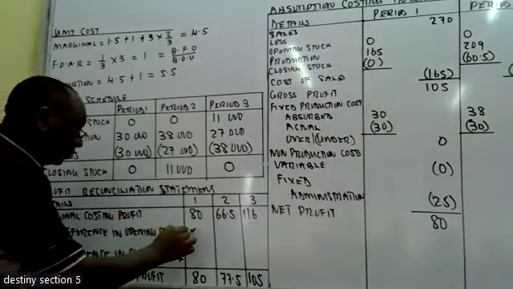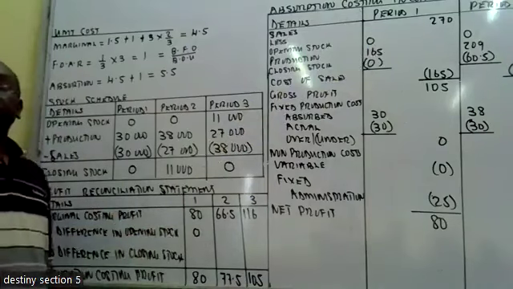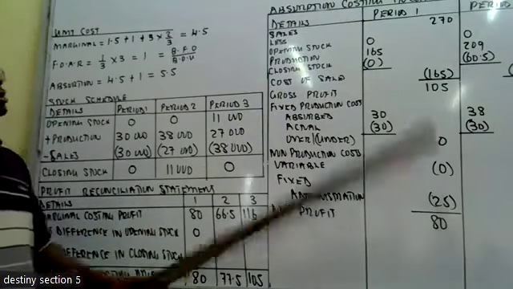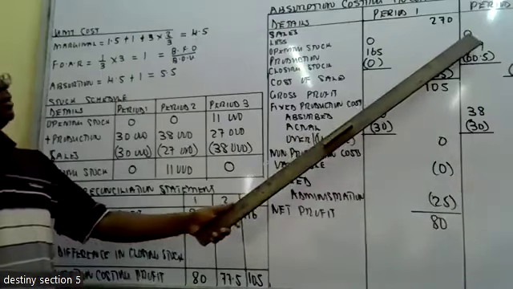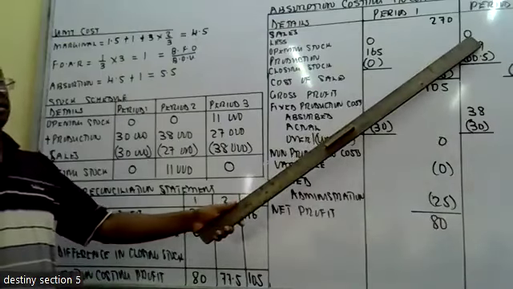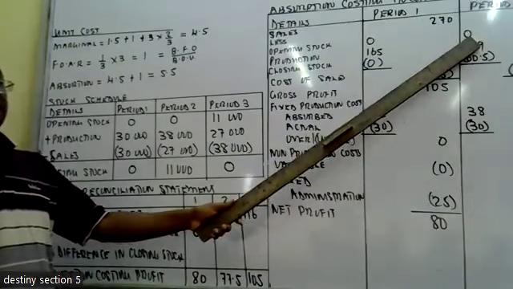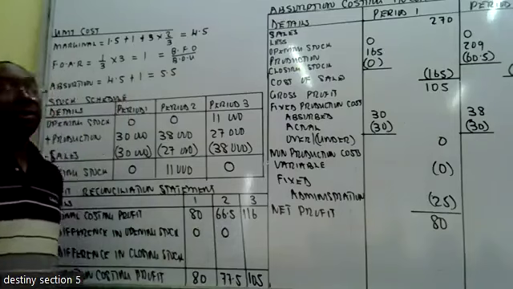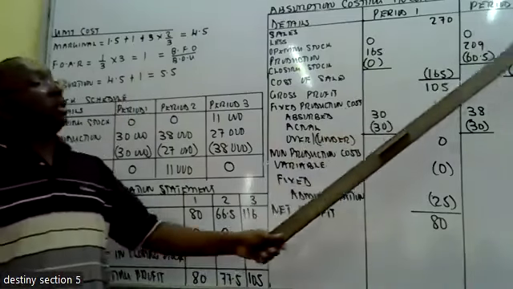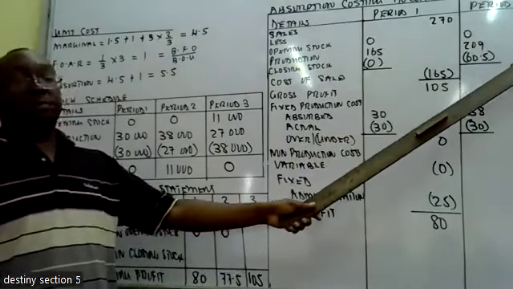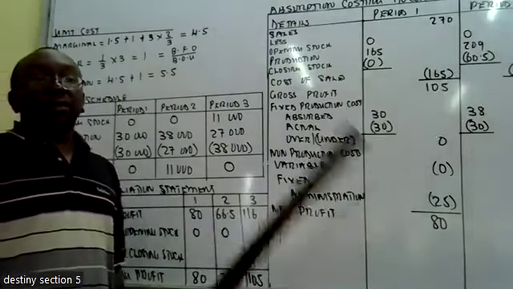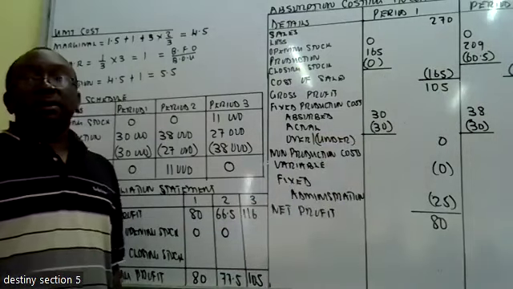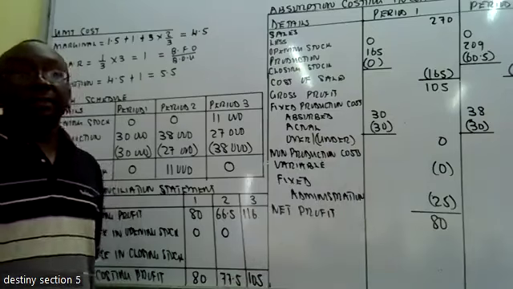So andika 0 hapa. Haya, uje hapa. Kwa period 2, absorption wako na 0. Marginal walikuwa na, so the difference is what? 0. Haya, period 3, absorption wako na 60.5. Marginal walikuwa na, the difference is 11.